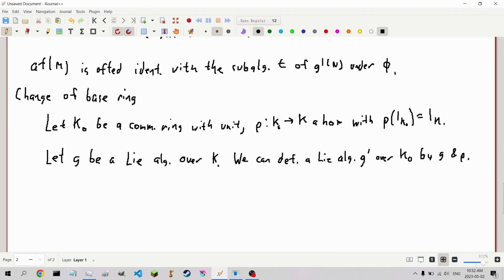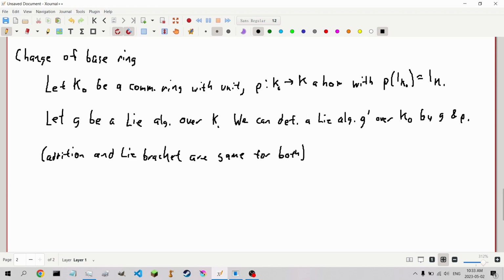Now how this works, addition and the Lie bracket of G are internal, and so we can transfer those over without issue. And Lie bracket are the same for both. The only change here is scalar multiplication.